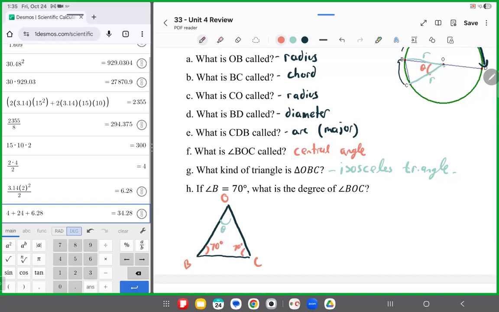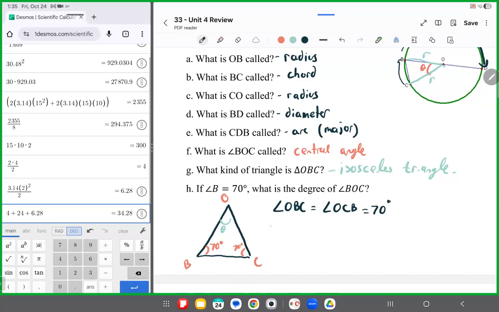Well, before that, if we know that angle OBC is 70 degrees, then that means angle OCB will also be 70 degrees. So it's worth noting that angle OBC is equal to angle OCB insofar as they are both 70 degrees.